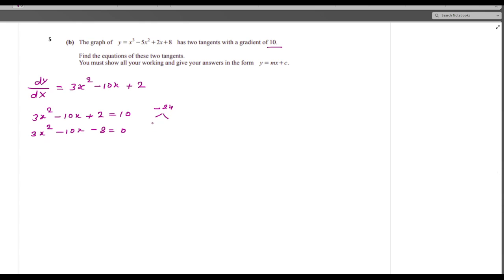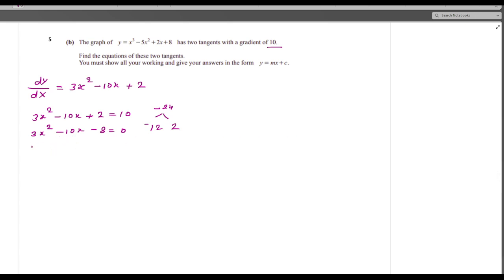If I take minus 12 and plus 10, no, that will not give me the result. Yeah, minus 12 plus 2. Product is minus 24 and addition is minus 10.